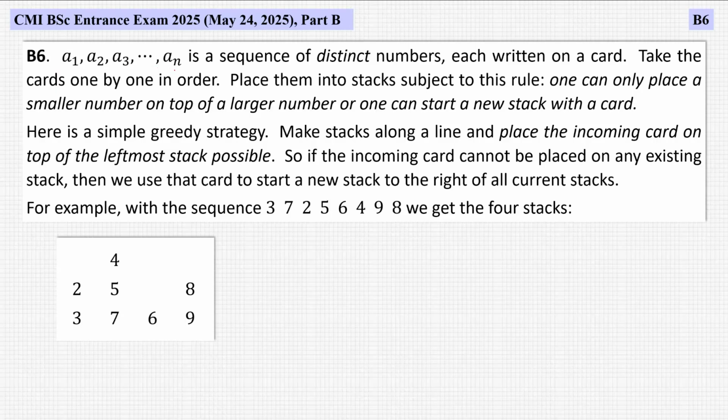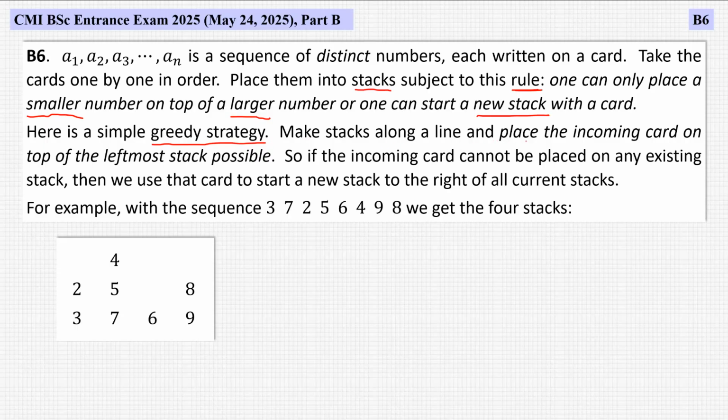A1, A2, A3, and so on up to An is a sequence of distinct numbers, each written on a card. Take the cards one by one in order. Place them into stacks subject to this rule: one can only place a smaller number on top of a larger number, or one can start a new stack with a card. Here is a simple greedy strategy.